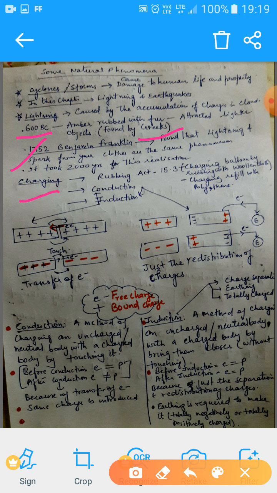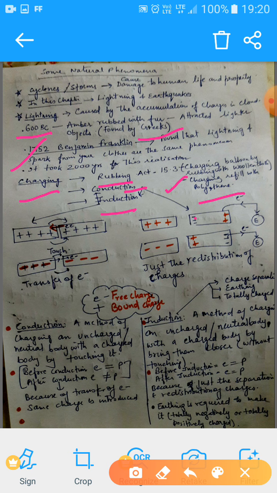Charging. Now in this chapter we will study about charging and methods of charging. First is rubbing, conduction and induction. We have already discussed rubbing, that is charging a balloon by rubbing it with woolen cloth, and later on charging a refill by rubbing it with polythene.